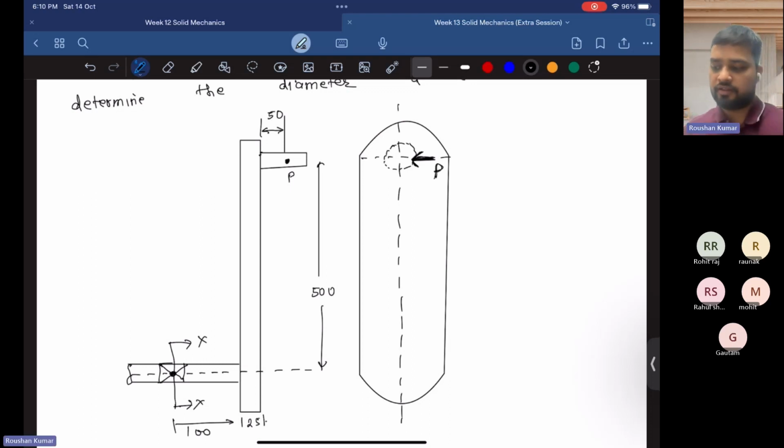If we see the side view of this cross section of the crank, the load is acting in this way. And here also there is a hole. So this is the crank given in the question, and this is the diameter D which we have to find.